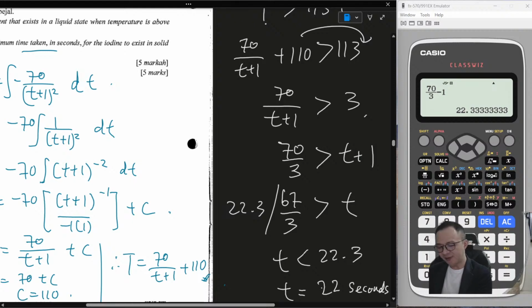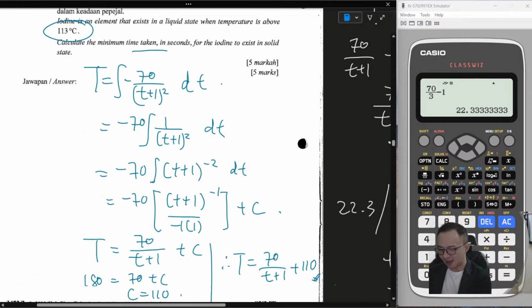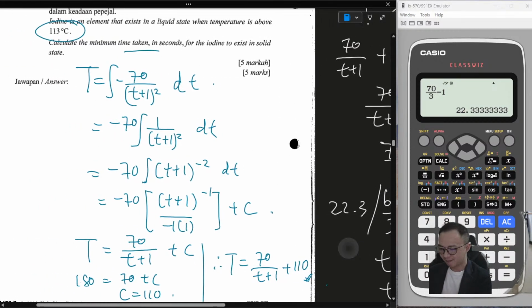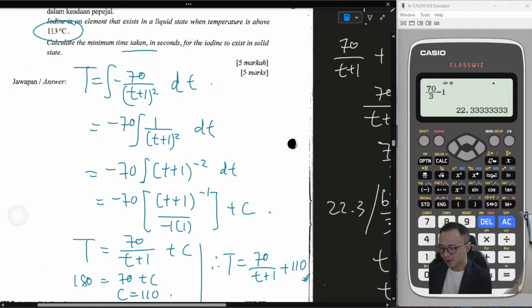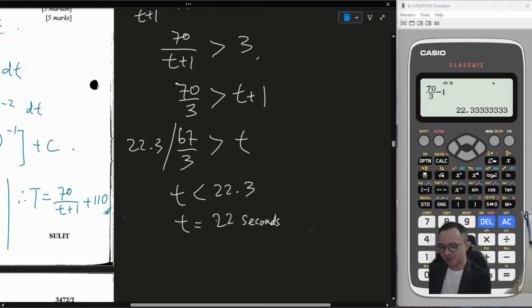But with the inequality like that, for me it seems like the maximum, because here they say the minimum time taken. Minimum time taken normally must be bigger than a specific value, isn't it?